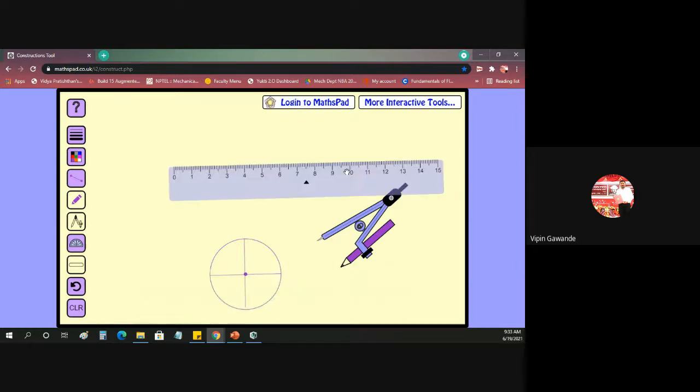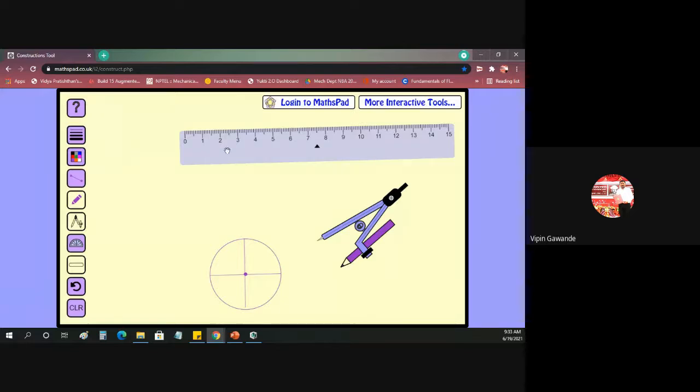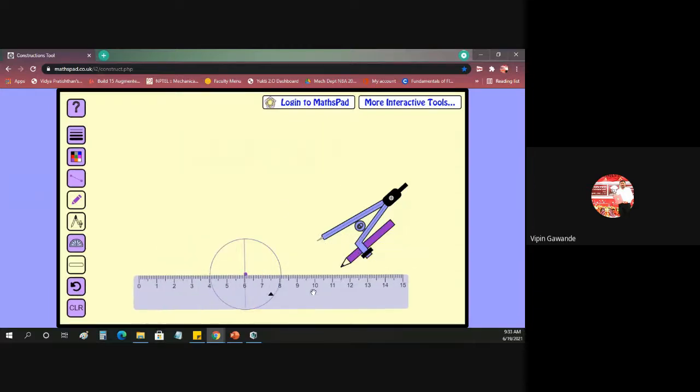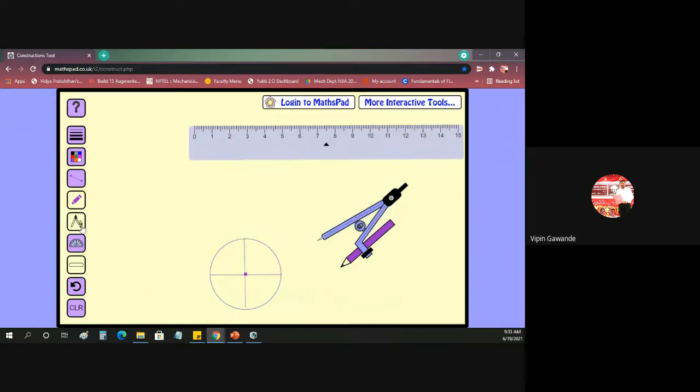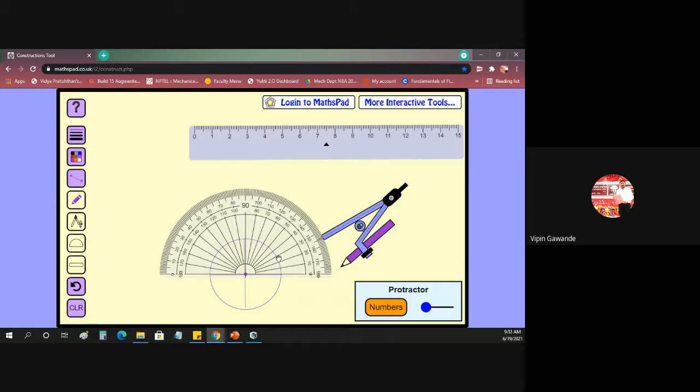Whenever you have a circle, you always divide the circle into 8 parts. So I'm dividing the circle into 8 parts: a 45-degree line here and a 45-degree line here.